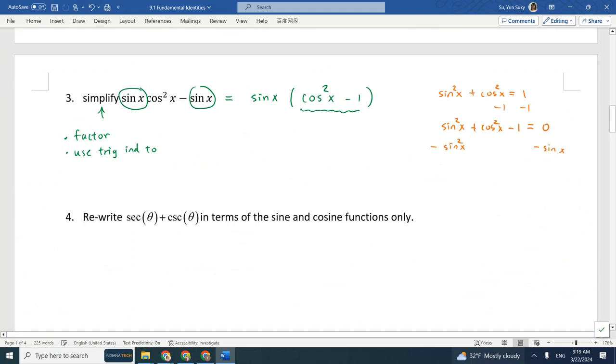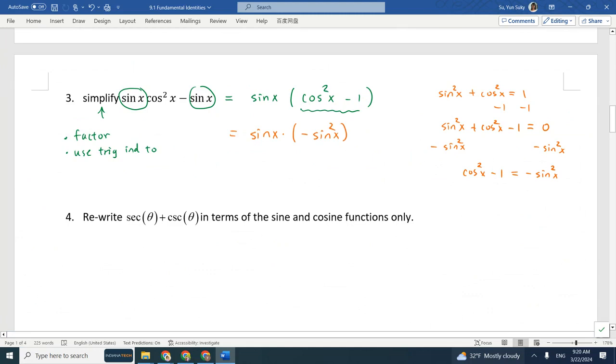Subtract sine square. So we get cosine square minus 1 is negative sine square. Yes, everybody? So we have sine x, and then the second factor equals negative sine square.